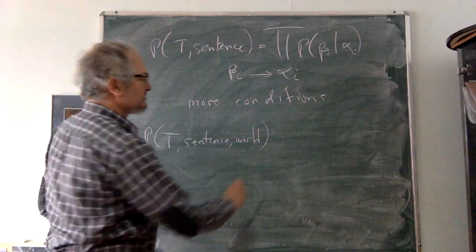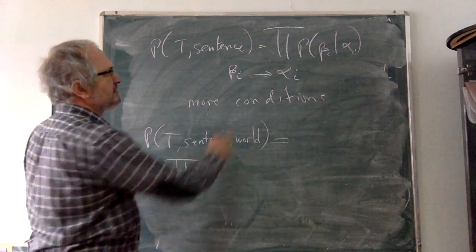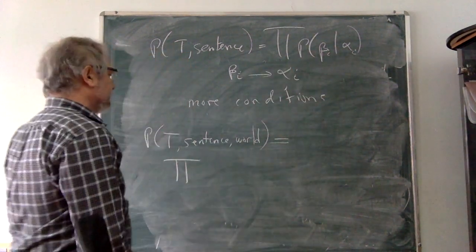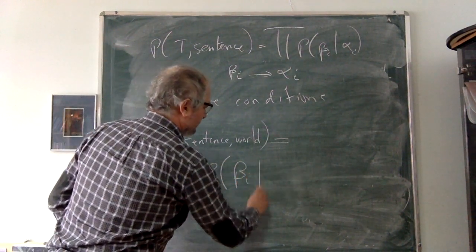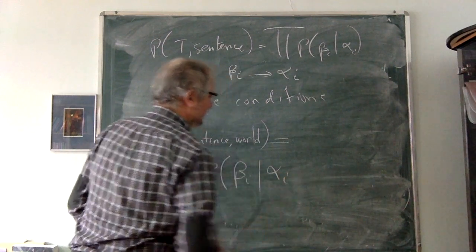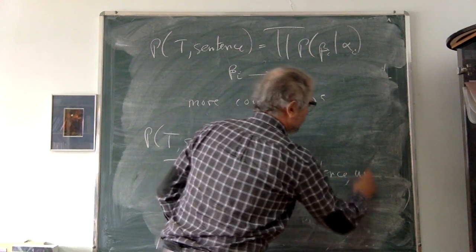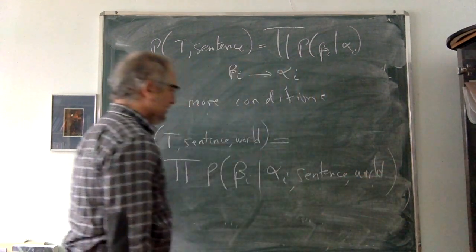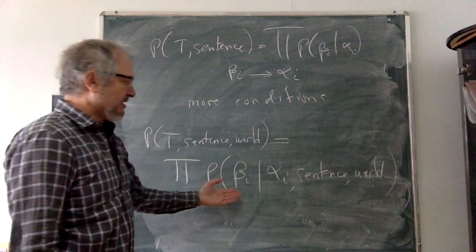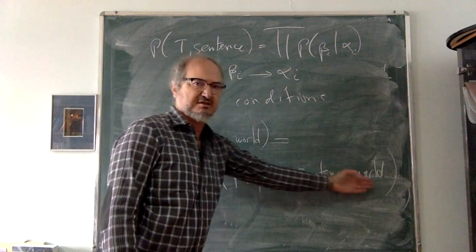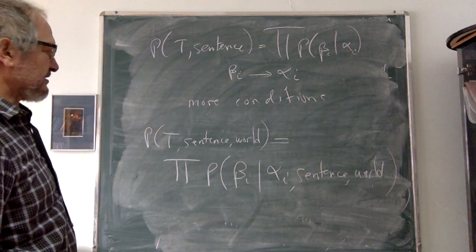So when you conditionalize this, this is going to be a product of probabilities. This means just the product of everything. Product of the probability of the left hand side given the right hand side plus the sentence plus the world. See? So every step of the way, these are conditioned on what I'm doing, this is the sentence, and this sentence is uttered in this world. Okay? So that's what we're trying to get at.